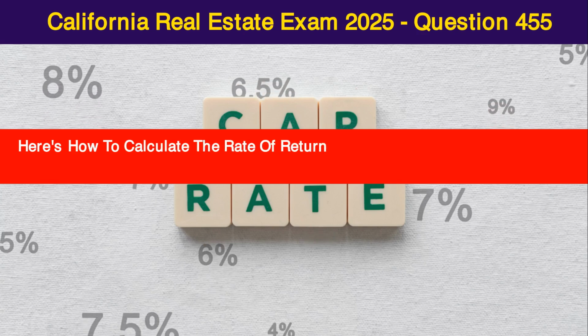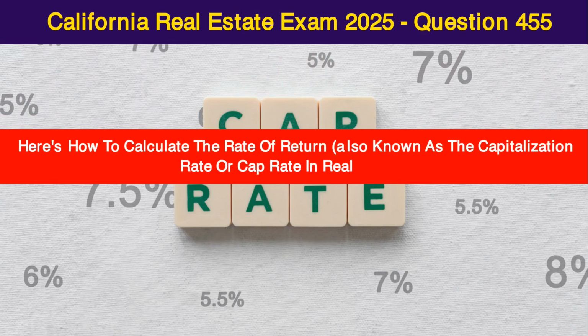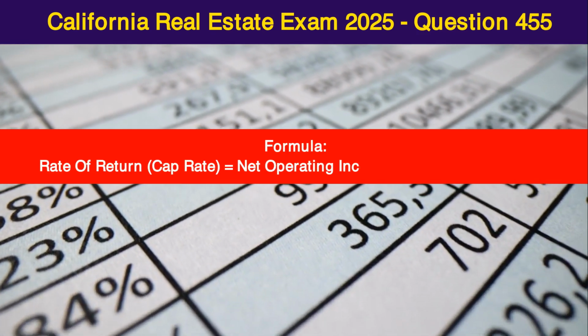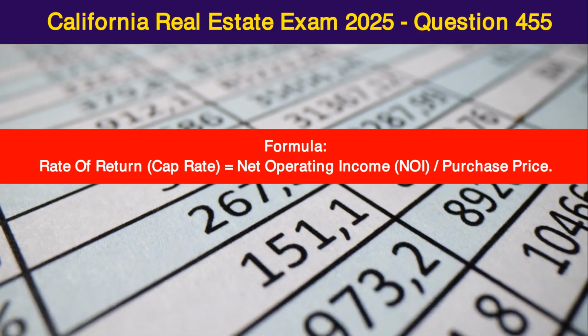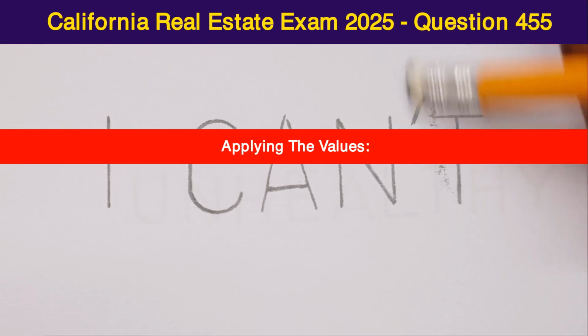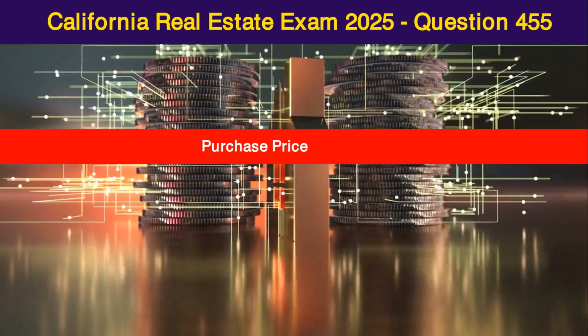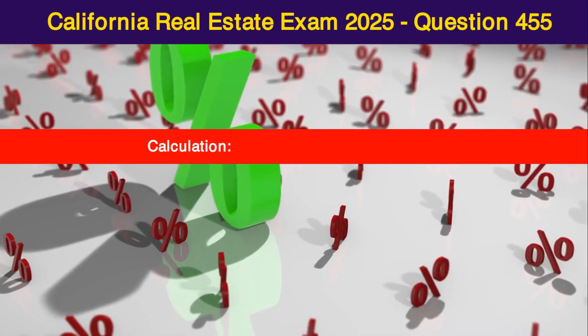11.82%. Here's how to calculate the rate of return, also known as the capitalization rate or cap rate in real estate. Formula. Rate of return, cap rate, equals net operating income, NOI, divided by purchase price. Applying the values. NOI equals $65,000. Purchase price equals $550,000.